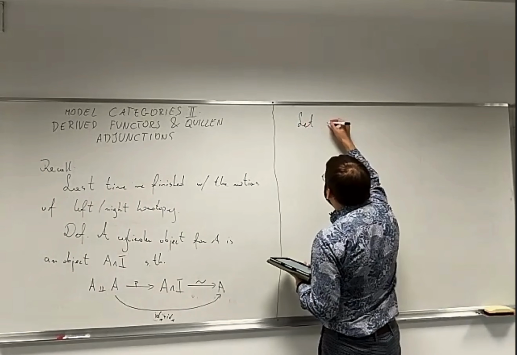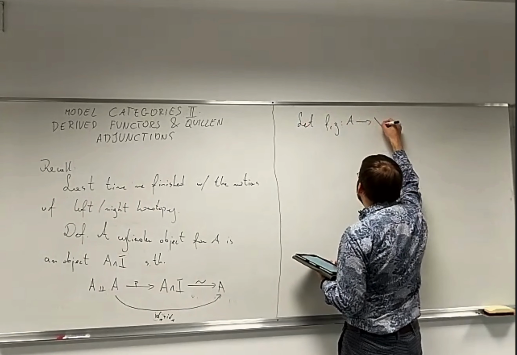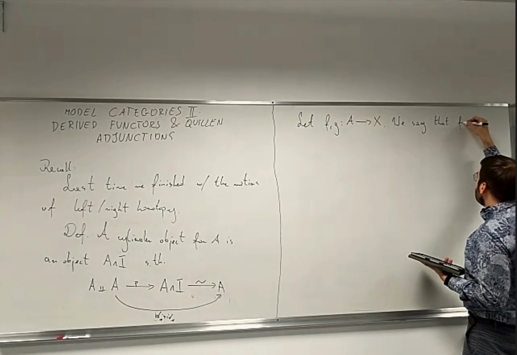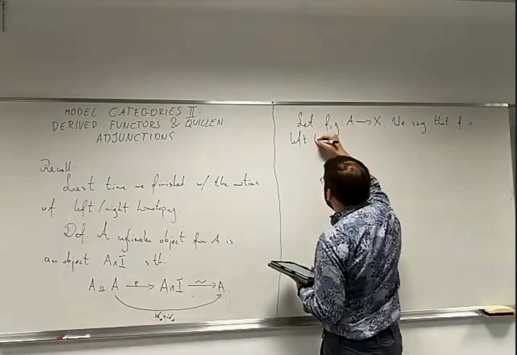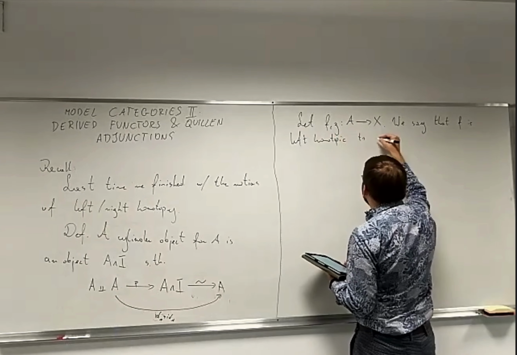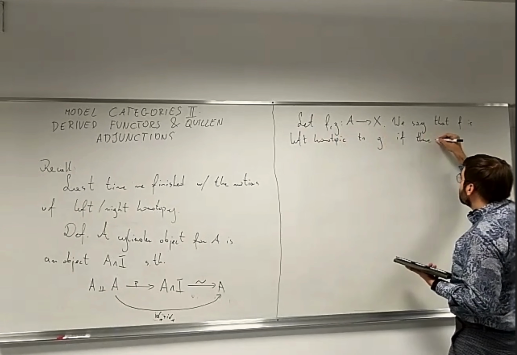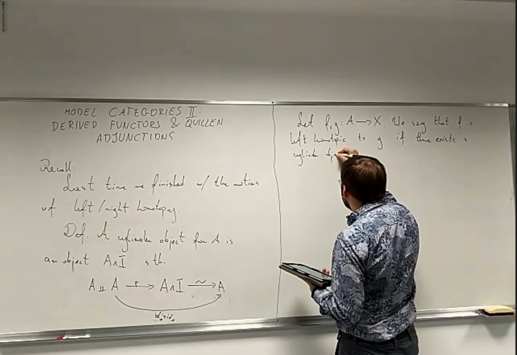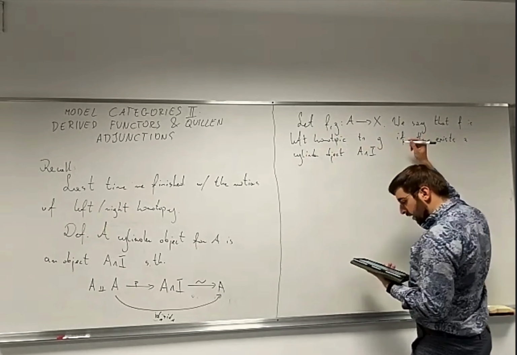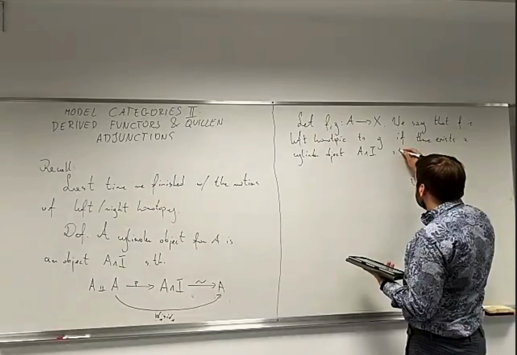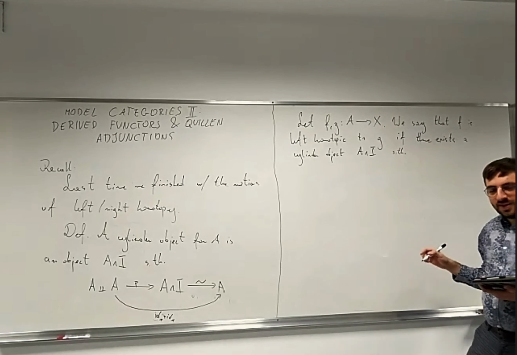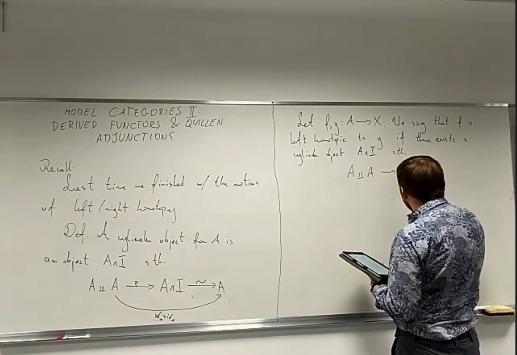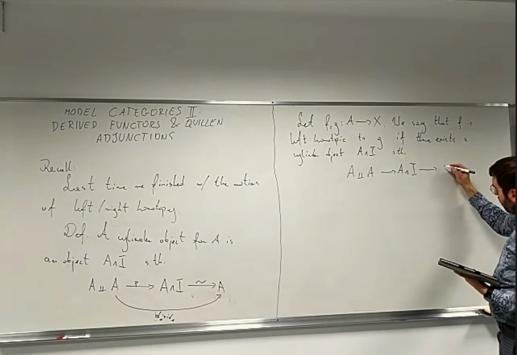If we have two maps, then we say that F is left homotopic to G if there exists a cylinder object A smash I such that we have this composite.